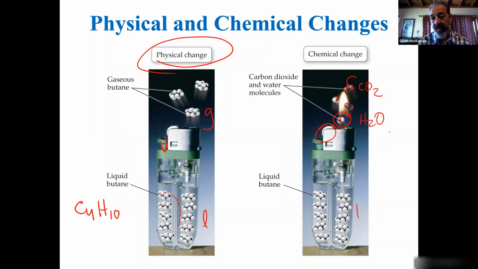Again, red is oxygen, white is hydrogen, and black is your carbon. So you'll see in a lot of molecular models, there's a ton of black and white and red, because most of your organic compounds, biological systems have carbon, hydrogen, and oxygen.